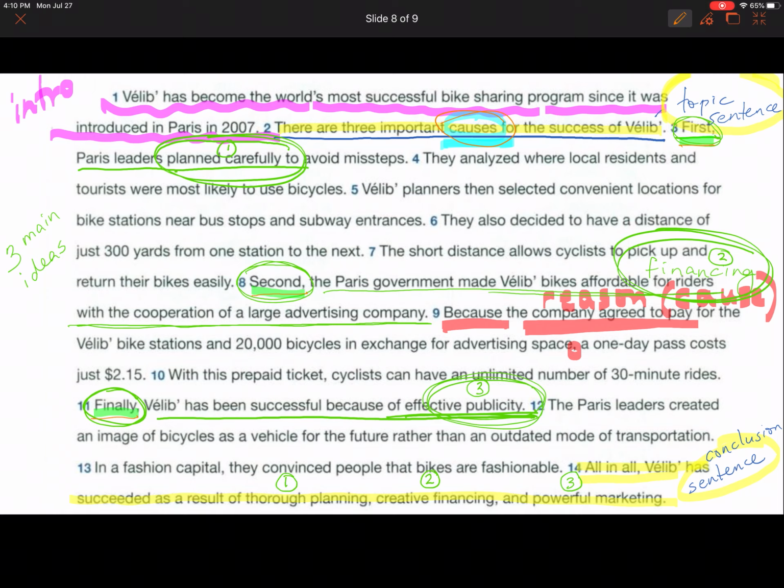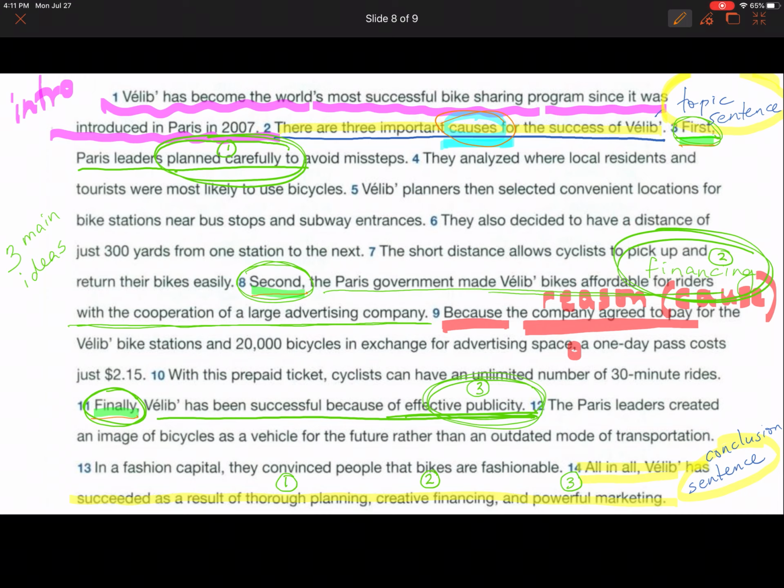Finally, you were asked to take a closer look at the word because and what it signals in sentence 9. So let's take a look at the red highlight. Because the company agreed to pay for the Vélib bike stations and bicycles, comma, a one-day pass costs $2.15.